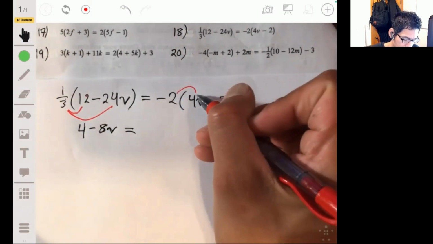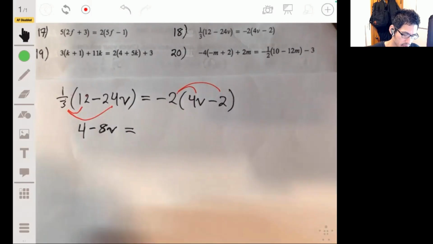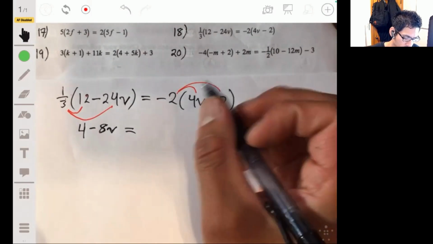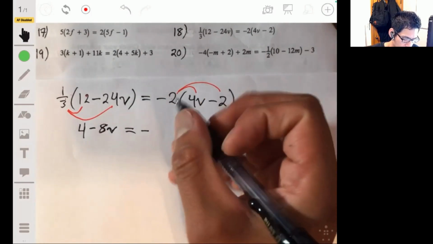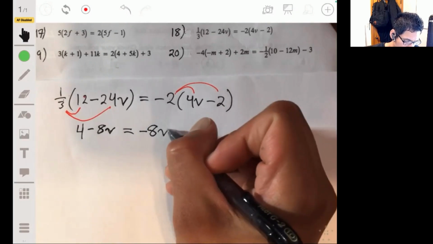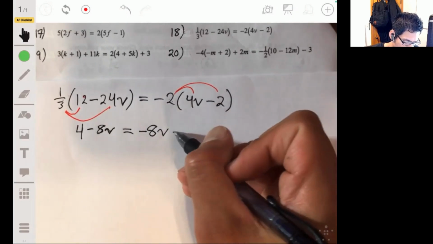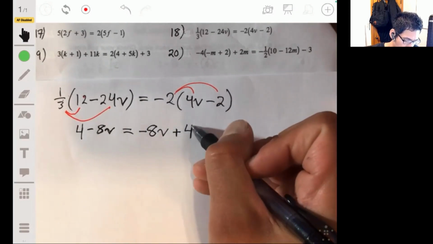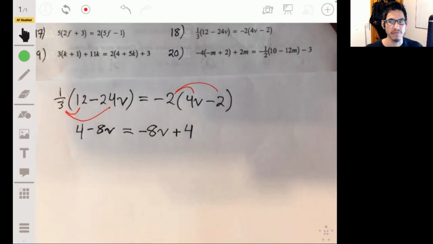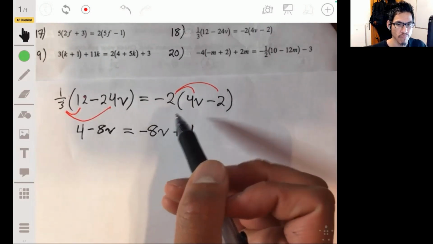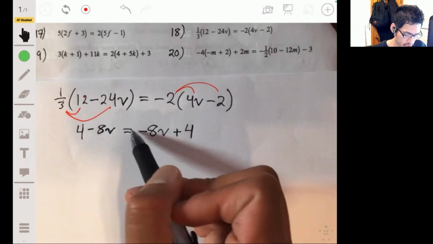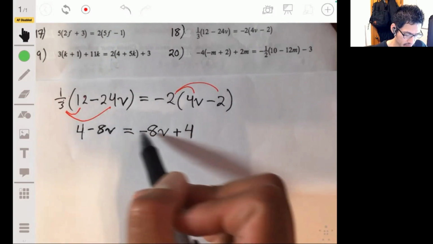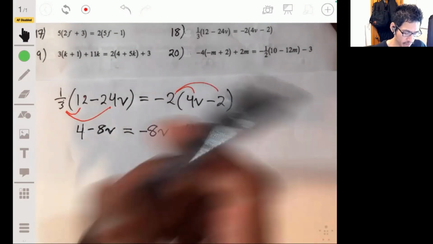Make sure you distribute this negative 2 to the 4v and the negative 2. Negative 2 times 4v is obviously negative 8v. And negative 2 times negative 2 is positive 4. What is this? 4 minus 8v equals negative 8v plus 4.